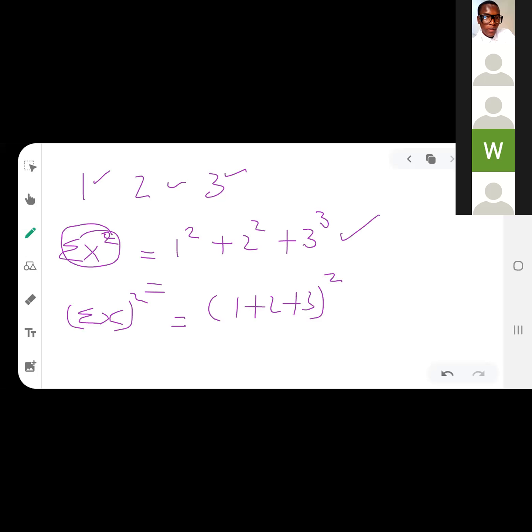So the answers will not be the same. Therefore, the sum of X squared can never be the same as the sum of X all squared. Do you understand?